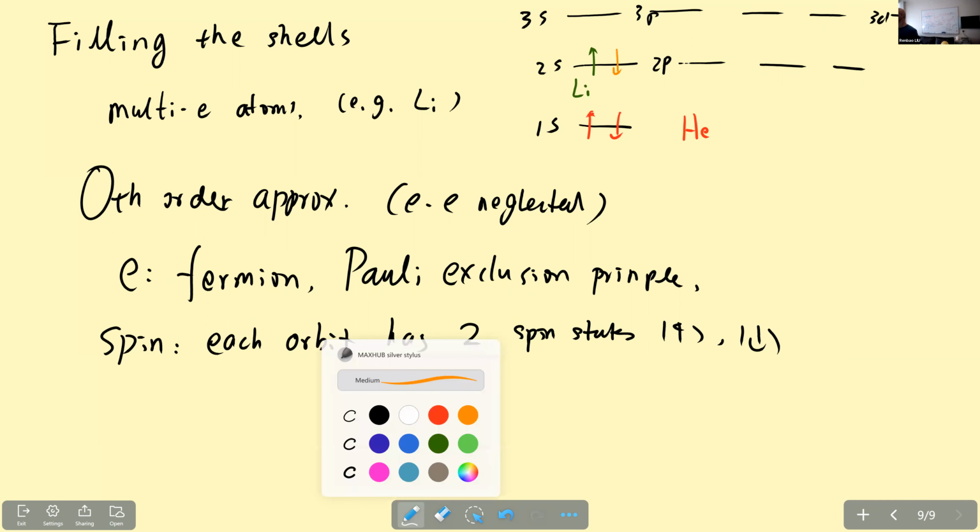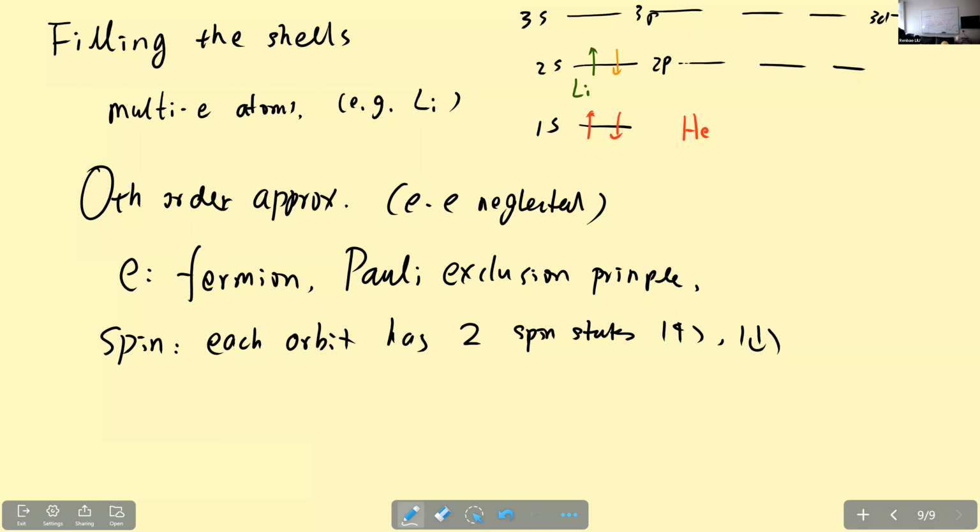So you can have four electrons, both in 2s states, the 1s or 2s orbits. And then if we have more electrons, what will happen? You can put one right here, and now all the electrons are in the spin up states. So you can just keep putting this way.